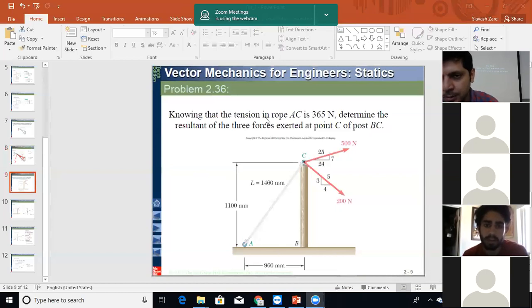If you look at the problem, knowing that the tension in rope AC is 365 Newton, so we know the magnitude. But you're actually right about the direction. So the direction is along AC. Okay, so Jimmy said the tension is given in AC. We know it. Okay, thank you.